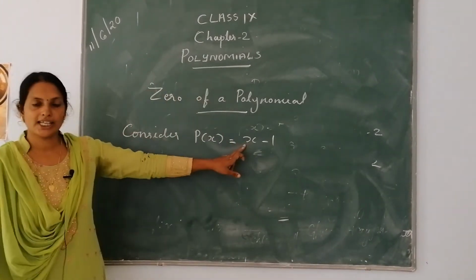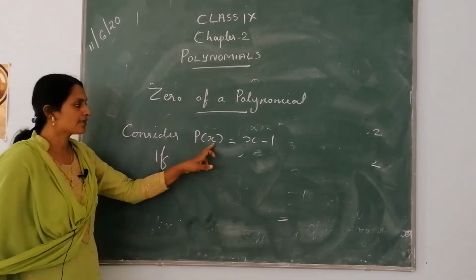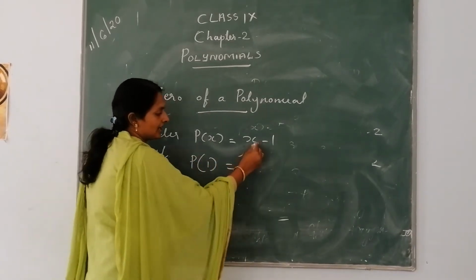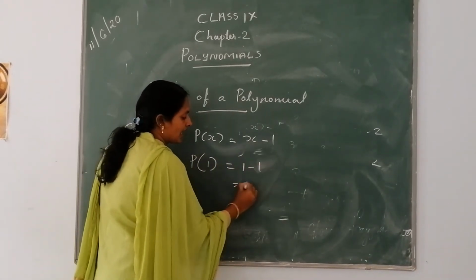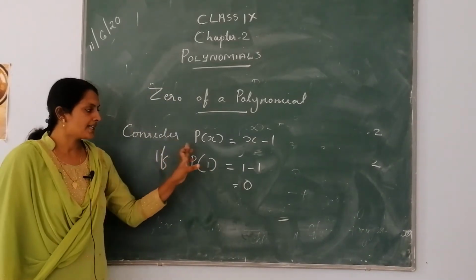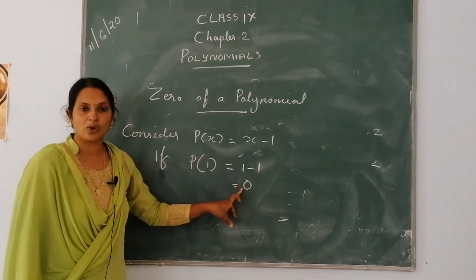You know that it is a linear polynomial. If we replace x by 1, we will get 1 minus 1 that is equal to 0. If we replace x by 1, we will get the value 0.